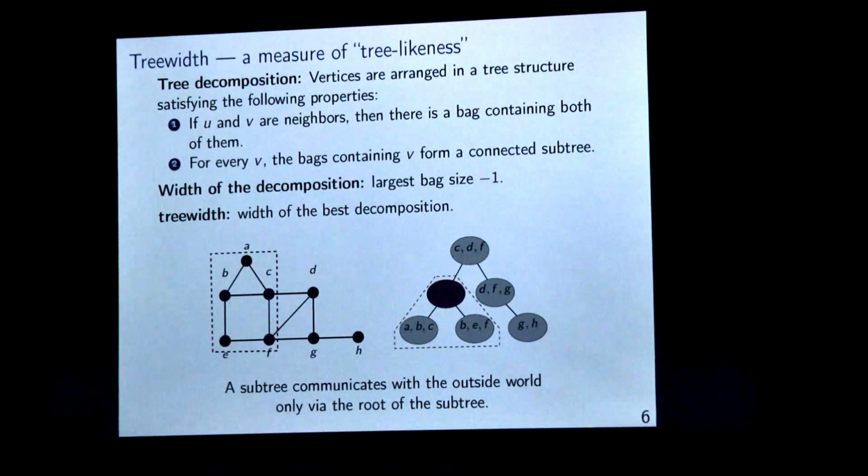So the only vertices which can have edges to the outside must be the ones in the root. For example, here we have B, C, F. These are the only vertices which have edges to the outside. In other words, if you delete B, C, F from the graph, then any vertex in the subtree below cannot have an edge to any vertex on the top.